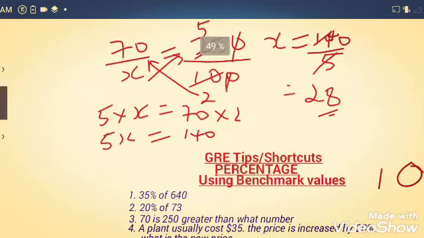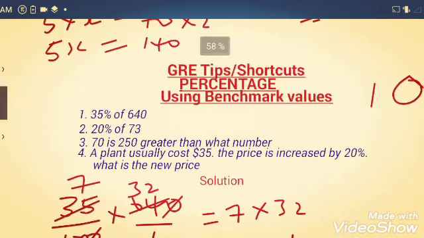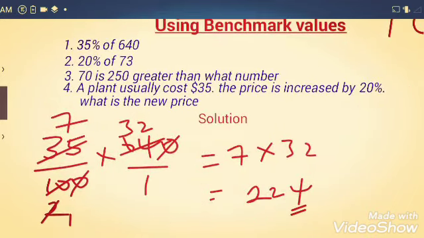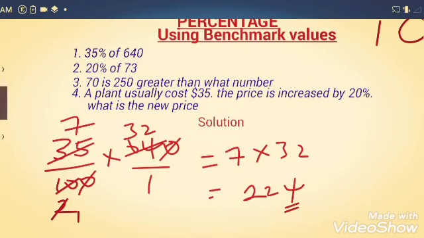Alright, the last question here is: a plant usually costs $35. The price is increased by 20%. What is the value? Using the benchmark method, this question is very fast. We know that 10% of 35, which is 35 over 10, is 3.5.